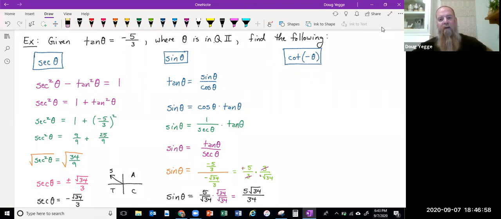So now let's take it a step further and find out what cotangent of negative theta is. Now, there's a couple of things to recognize here. We're given information about tangent of theta, but now we're being asked to find information about cotangent of negative theta. So this obviously must require us to use one of our even-odd identities, which allows us to change from a negative angle into a positive angle.